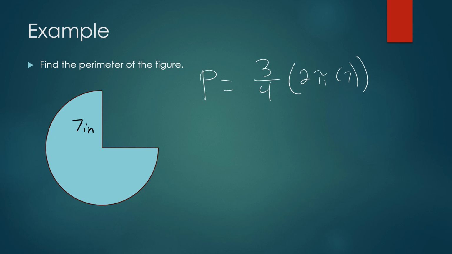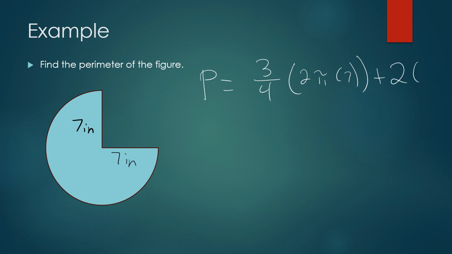Now, that is going to cover this portion. But we also have to include these two sides. Well, I know this side is 7. But what is this side? Well, by property of a circle, this is also 7. In fact, this can be seen as a square. So we took out a portion of a square from the circle.